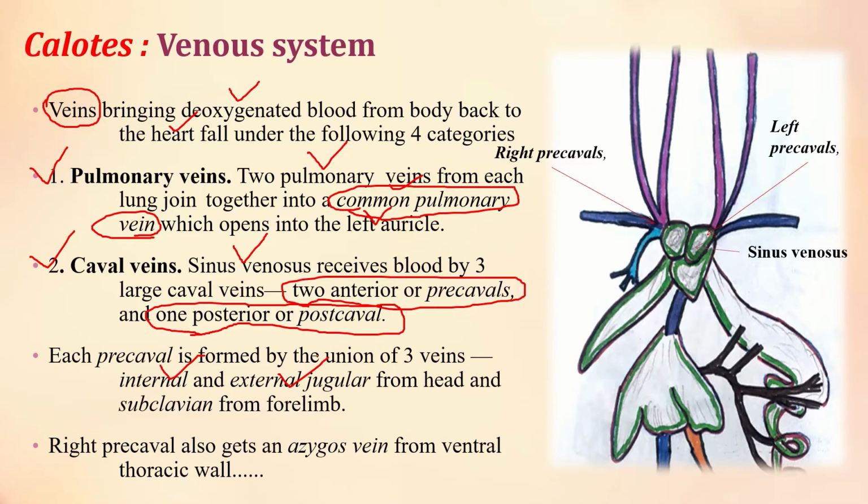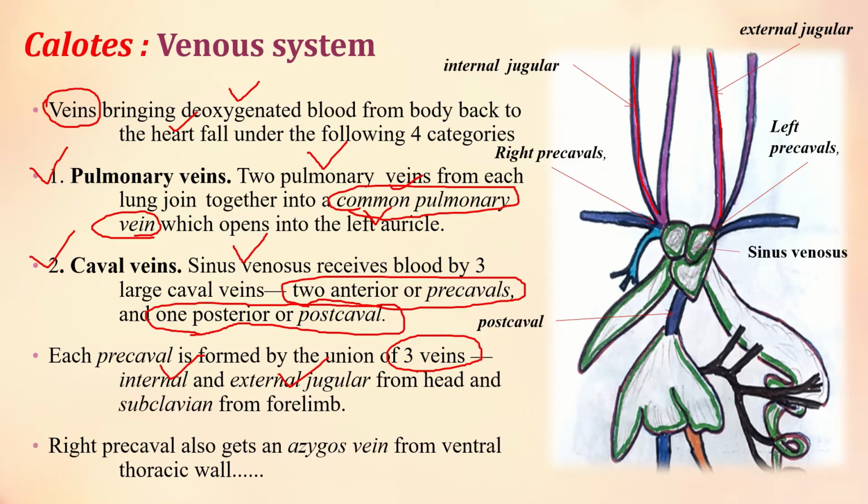The precaval vein is formed by the union of three main veins, that is external jugular vein and internal jugular vein. So here in this diagram we can find that this is the internal jugular vein and this is the external jugular vein. Internal jugular vein is found towards the outer side and external jugular vein is found towards the inner side.